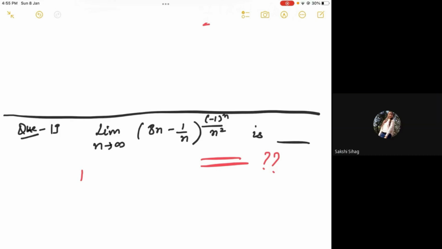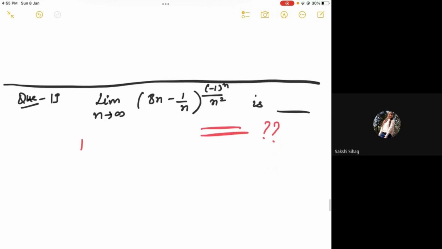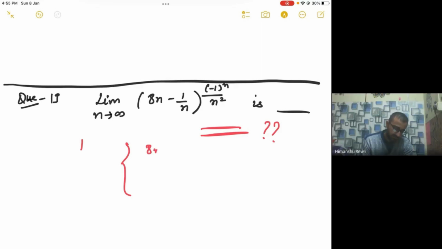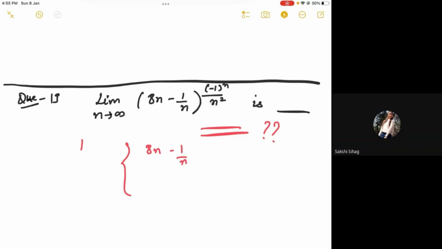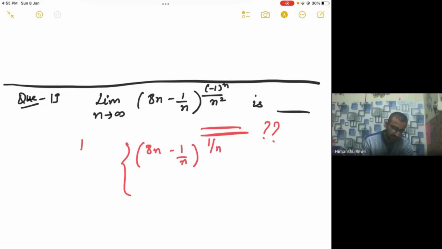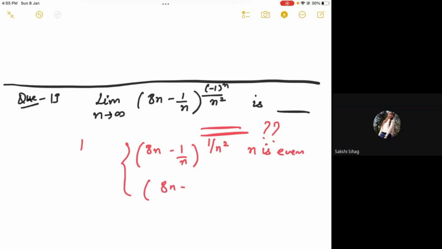So we will divide it into two parts: 8n minus 1 by n to the power 1 by n squared, where n is an even number, that is, 1 by n squared when n is even. And then 8 to the power minus 1 by n squared when n is odd.